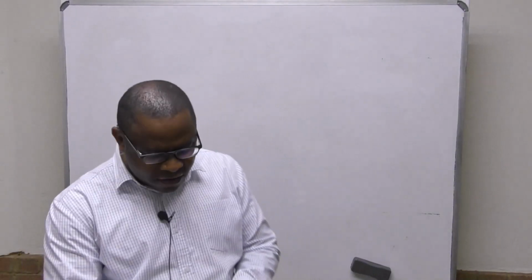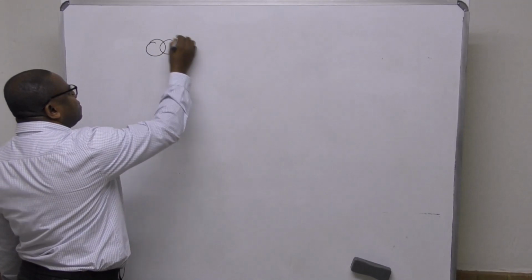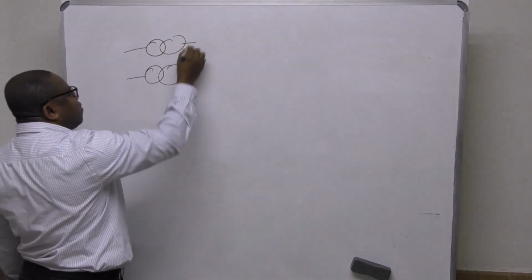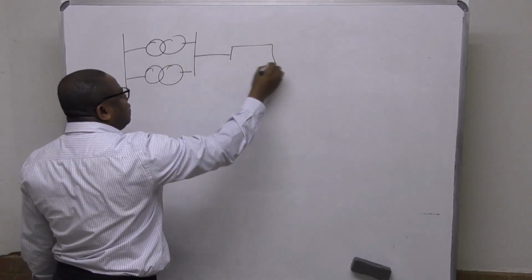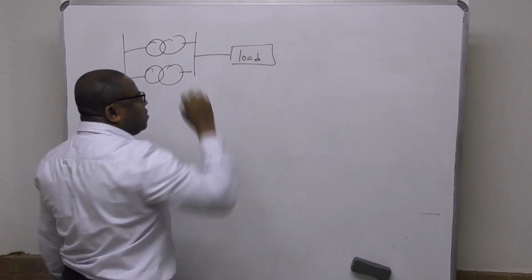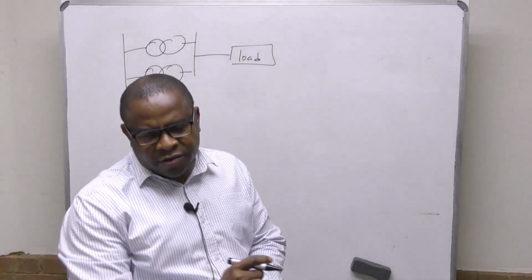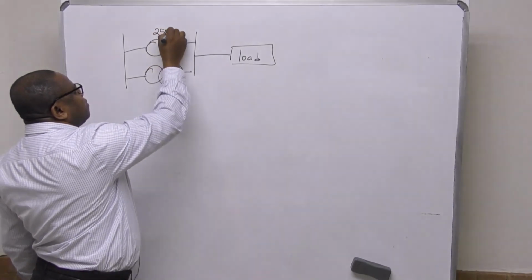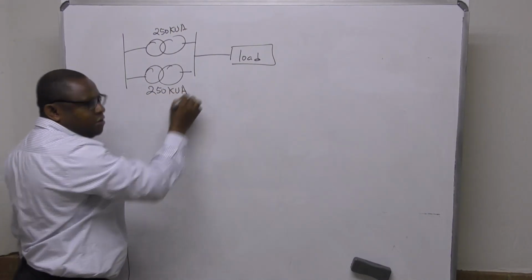All right, so let's look at the first question. So we got two transformers which are connected in parallel to feed a load. And each one is 250 kVA.